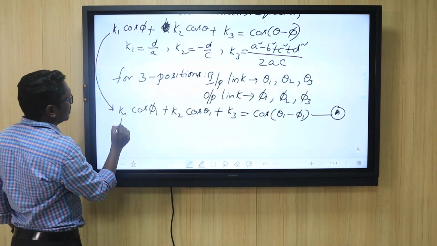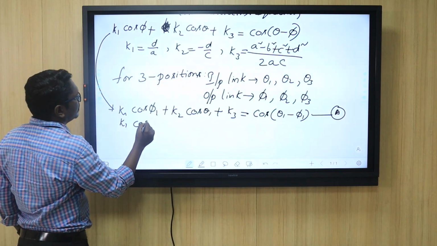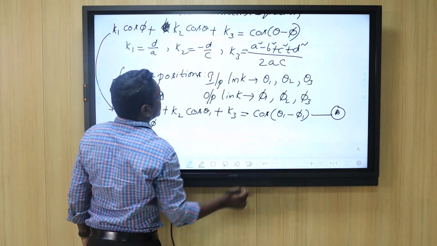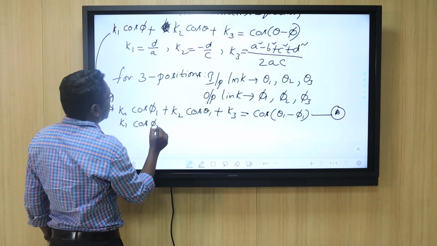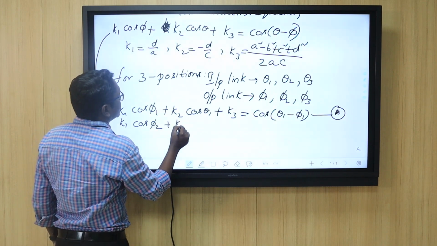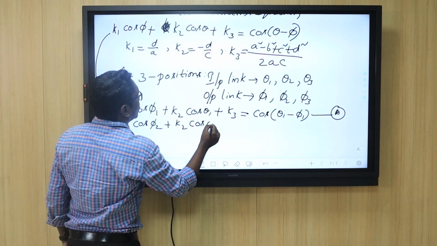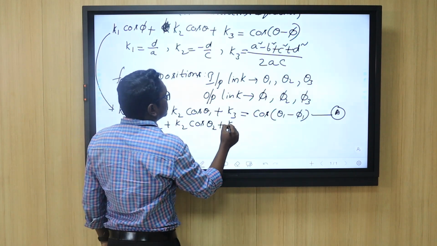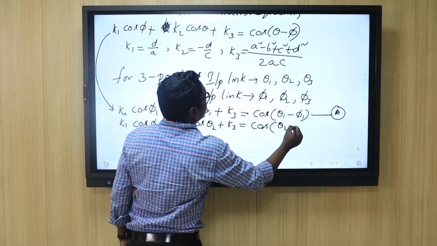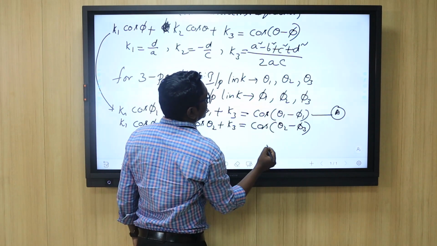So similarly you have to write the second equation basing on the second position: K1 cos phi 2 plus K2 cos theta 2 plus K3 equals cos theta 2 minus phi 2.